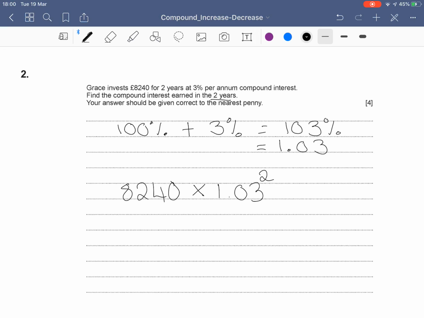So when I put all of that in my calculator, I should get £8,741.82, correct to the nearest penny. So it makes sense because it's increased from the 8,240 to the 8,741.82. So she's earned money on that investment.